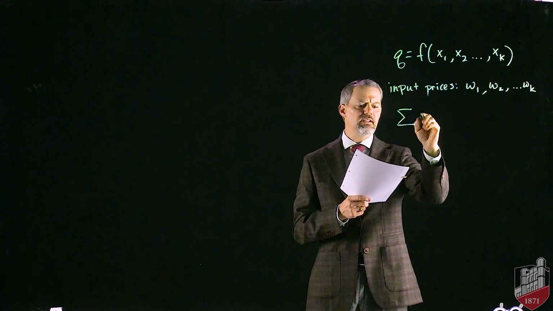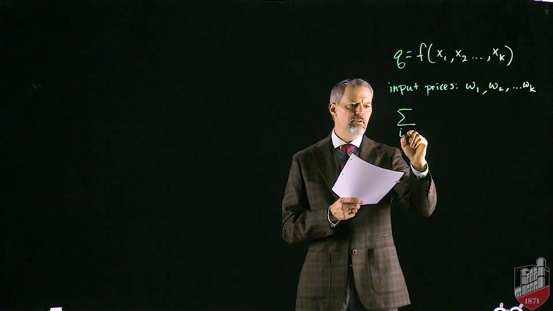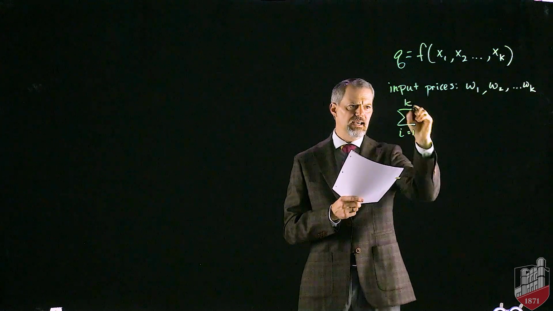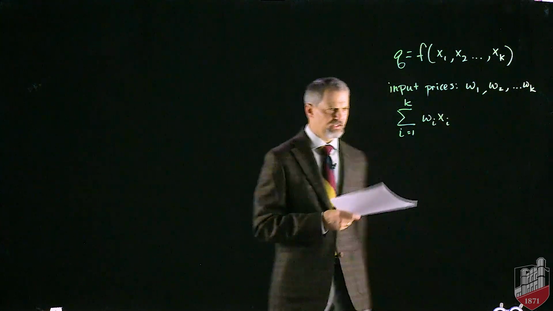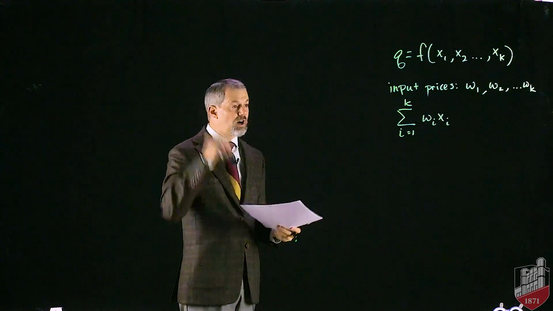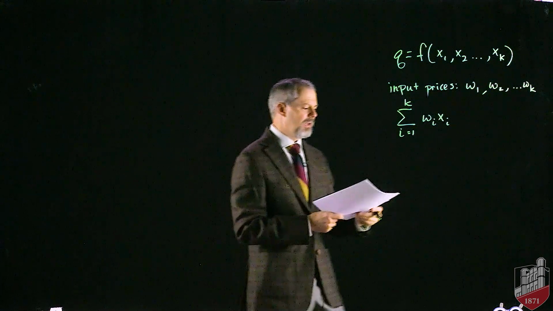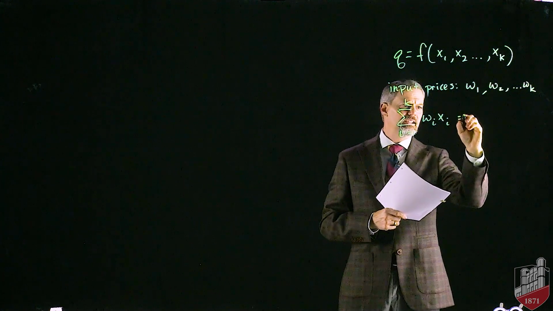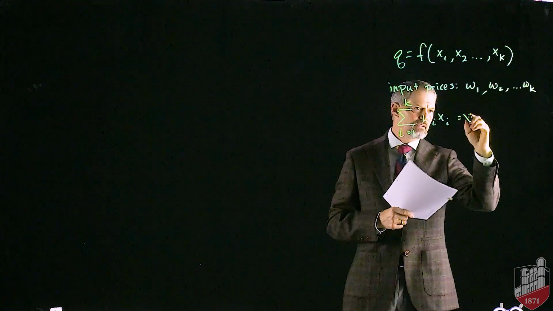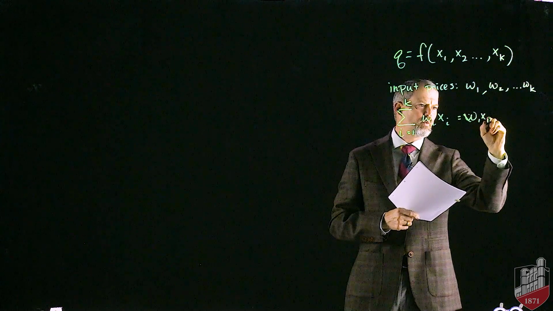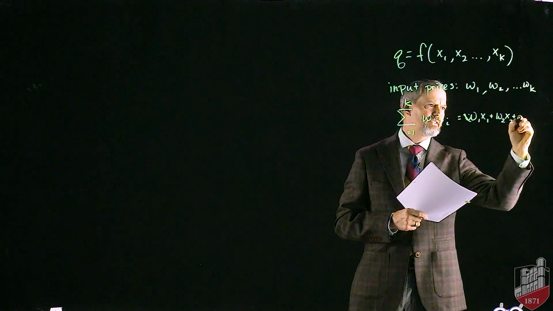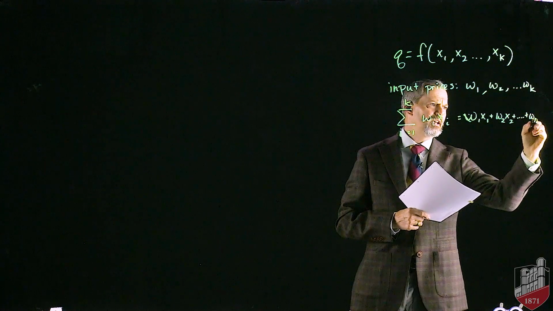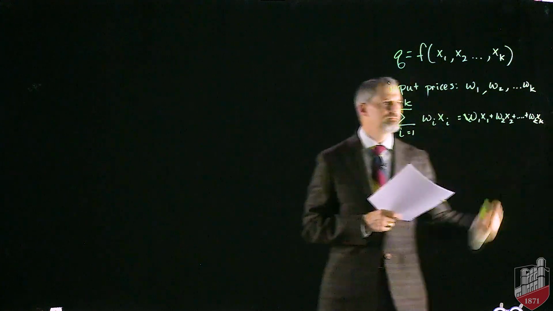So it would be the sum where i runs from 1 to K of WiXi. That would be the cost of production for the firm. And that simply looks like this. It would be W1X1 plus W2X2 plus ... WKXK.